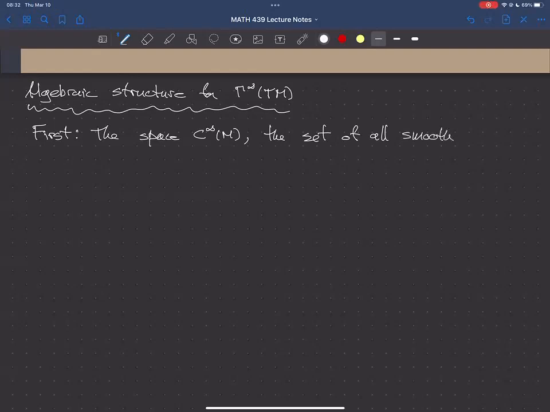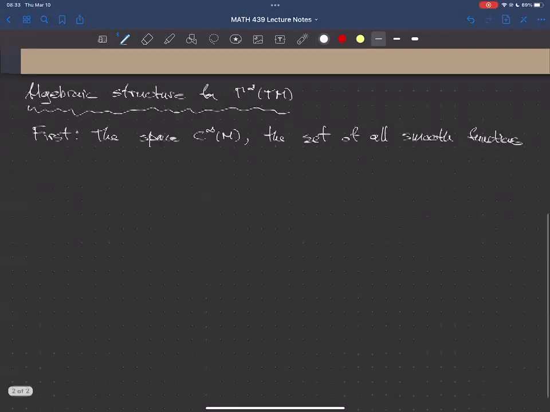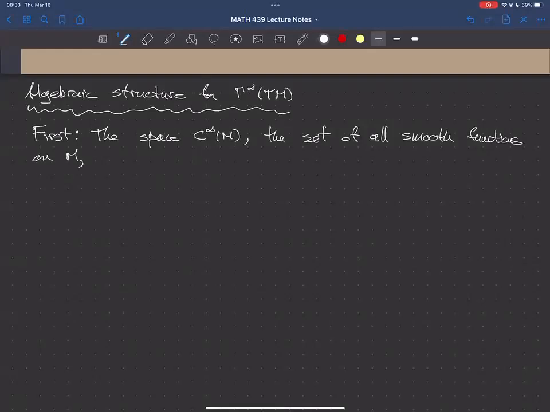So functions means real valued functions on M, has the following algebraic structure.